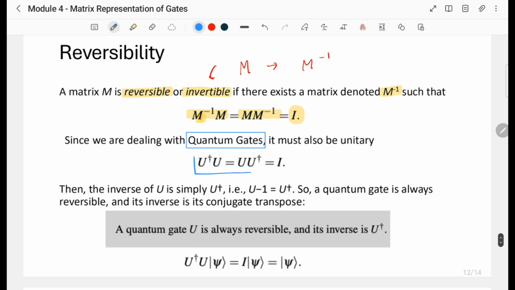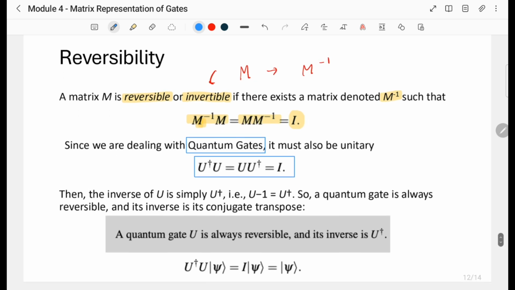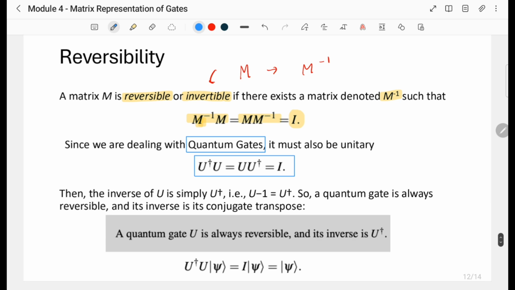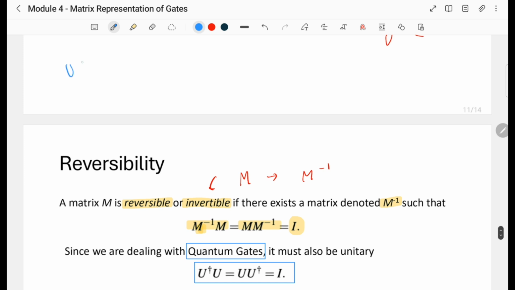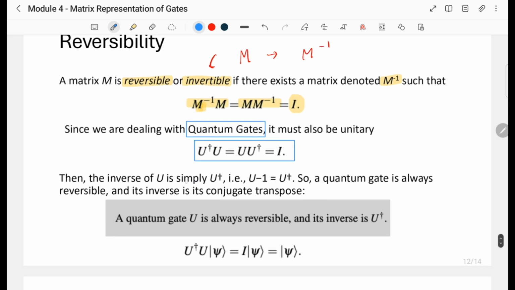Therefore, this should also be true. So when we take both of these conditions into account, we obtain a result, and this follows because we know that the transpose conjugate of a matrix U is also the inverse of the matrix. So the inverse of U is simply U transpose conjugate.